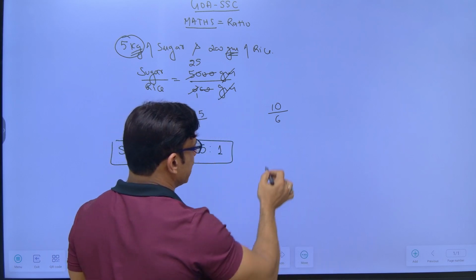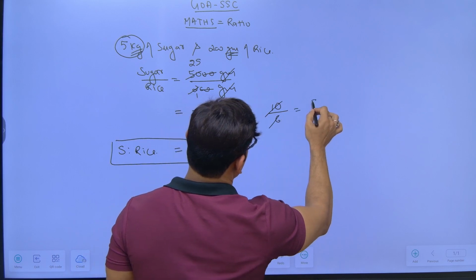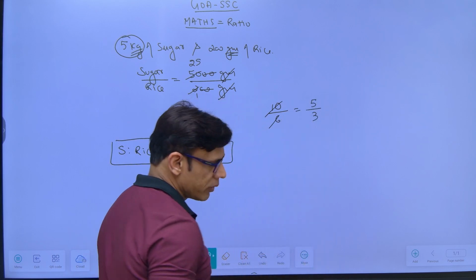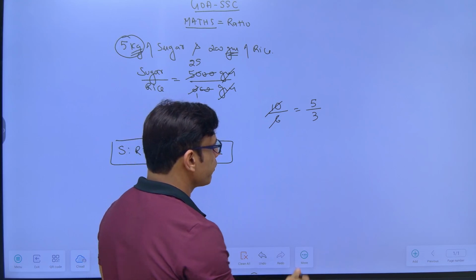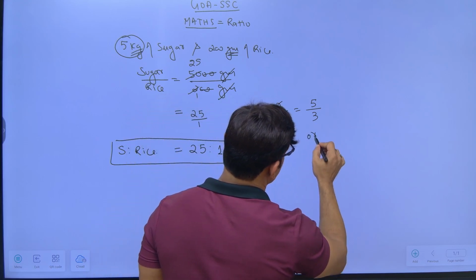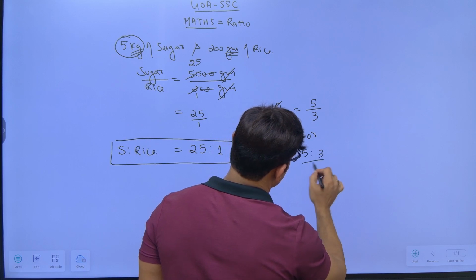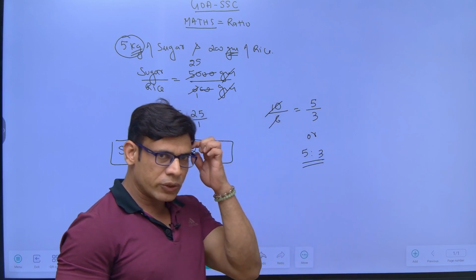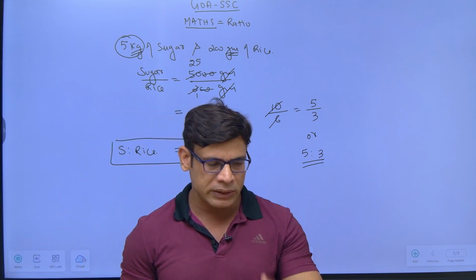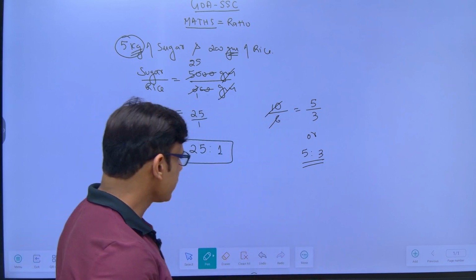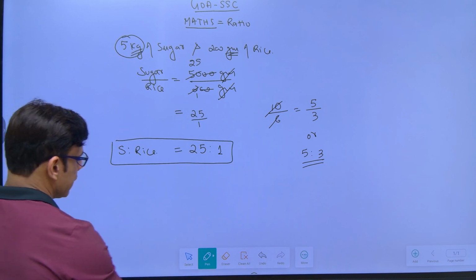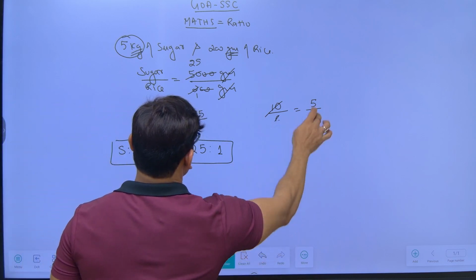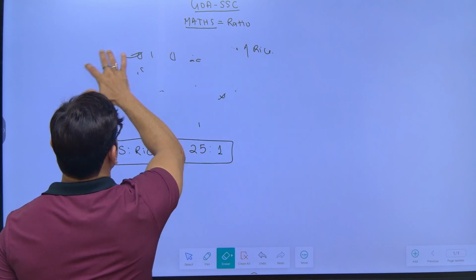Because I can further reduce this. I can write this in the most reducible form, 5/3, or this can also be written as 5:3. So this is the meaning of ratio. I hope the definition is clear to all of you. So let's move on to the next part.